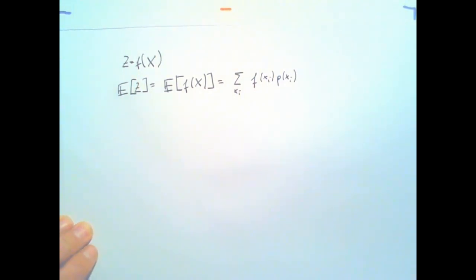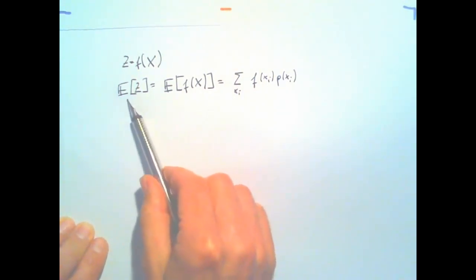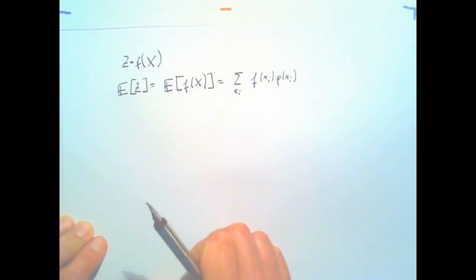Okay, so this is how I compute the expectation of a transformed random variable.